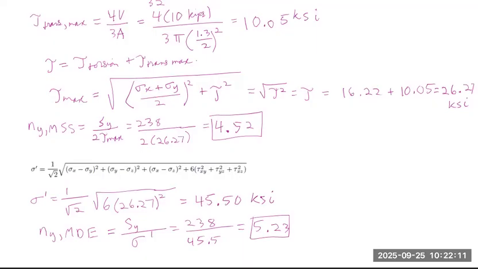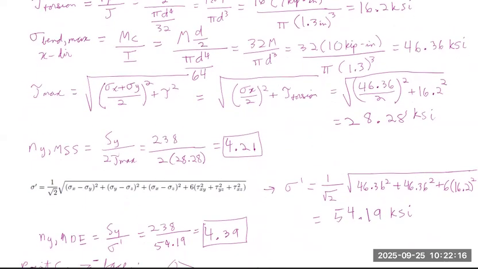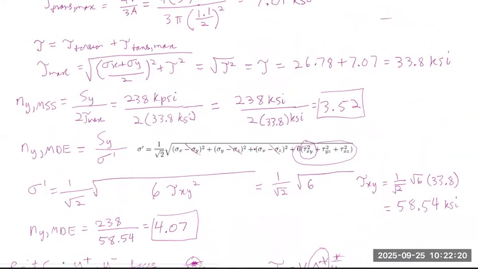So for maximum shear stress theory, we have 4.52, 4.21, and 3.52.